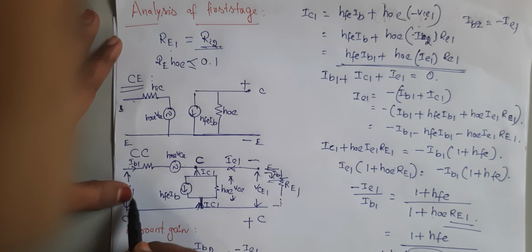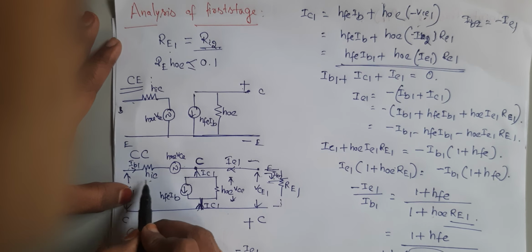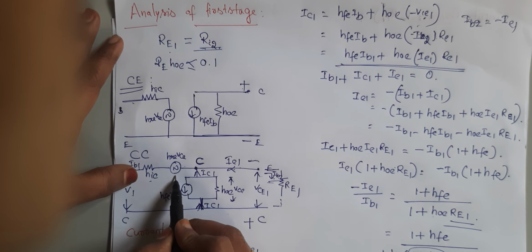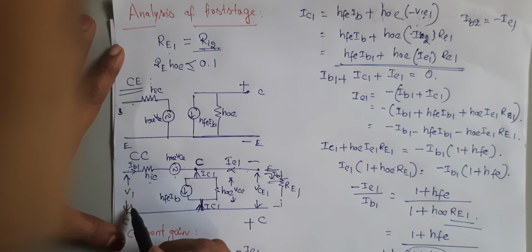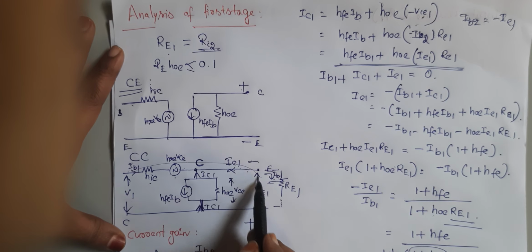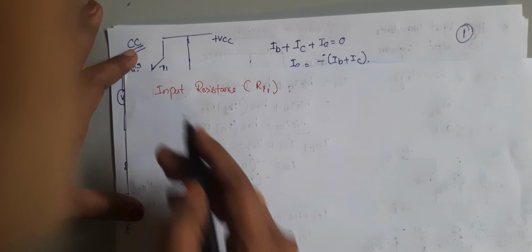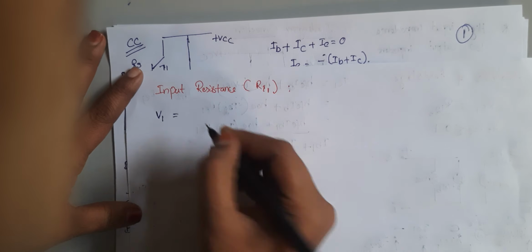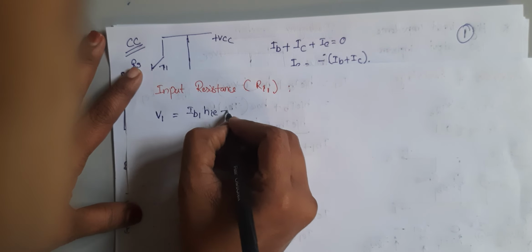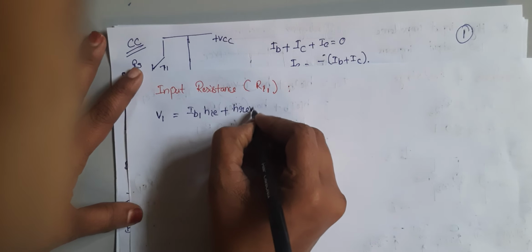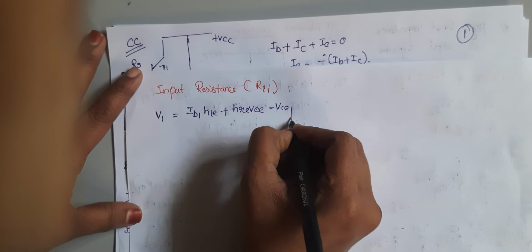So V1 is equal to the voltage drop HIE into IB1, plus HRE VCE, plus VCE1. The equation becomes V1 is equal to IB1 HIE plus HRE VCE minus VCE1.